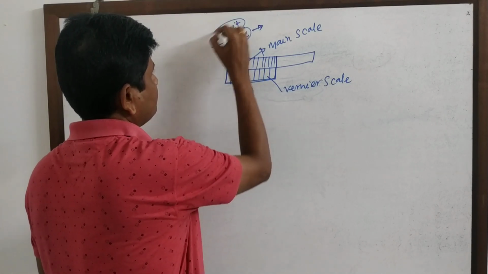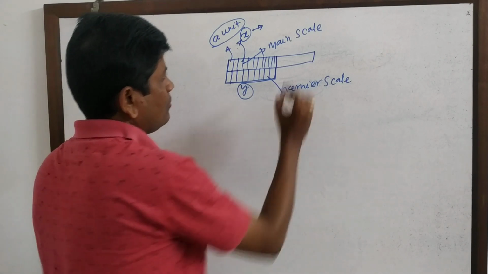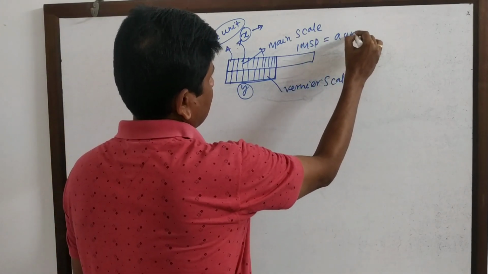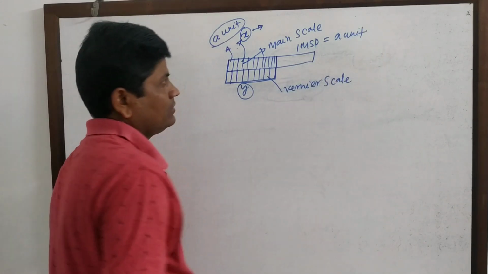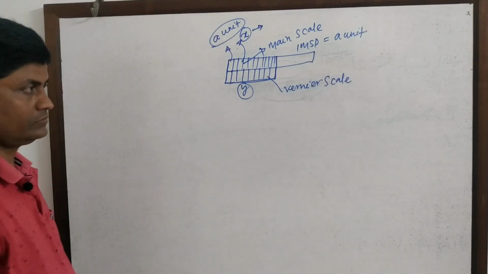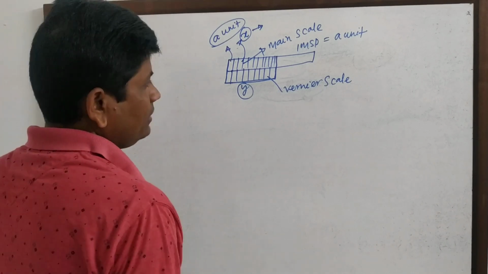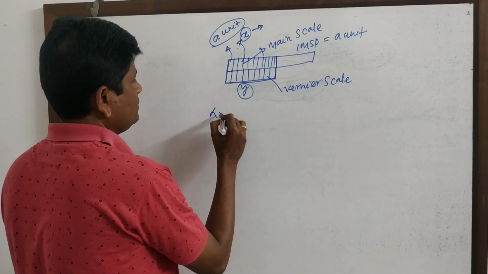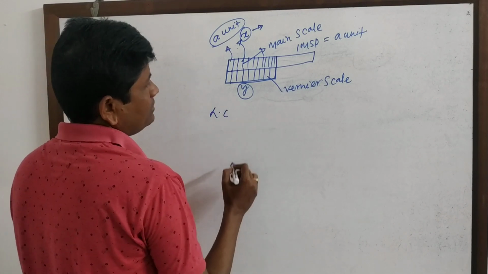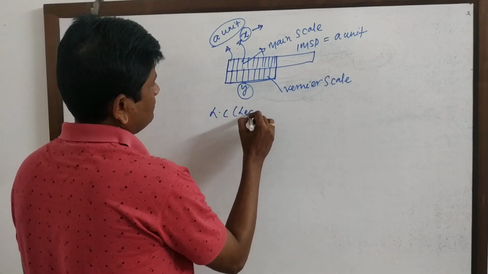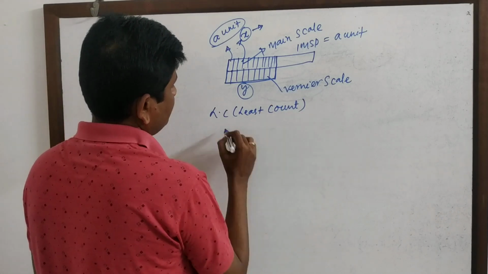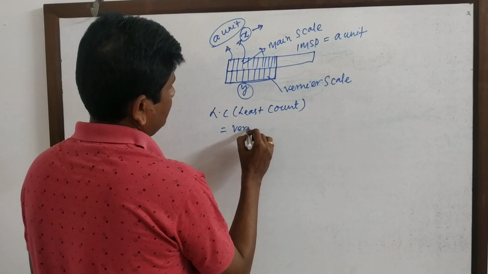That means one main scale division is equal to A unit. In that case we have to calculate the least count, or it is called the vernier constant.